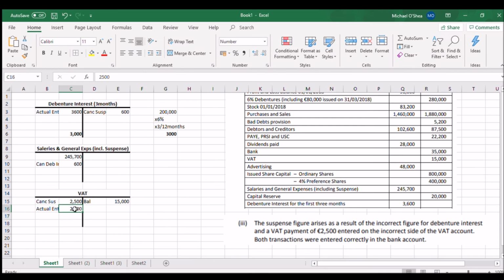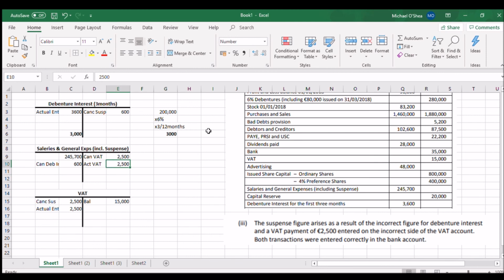That's why there are two 2,500s going in on the debit side. So this is the cancel VAT, the first one, and we have a second one in there, the actual VAT, and that's 2,500.